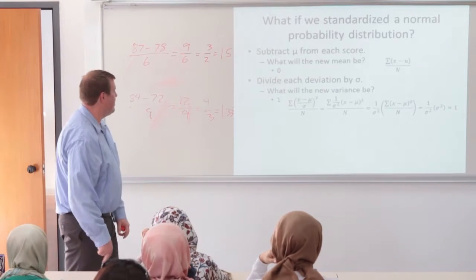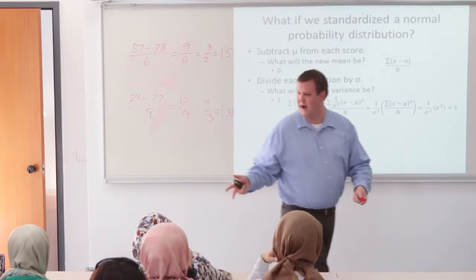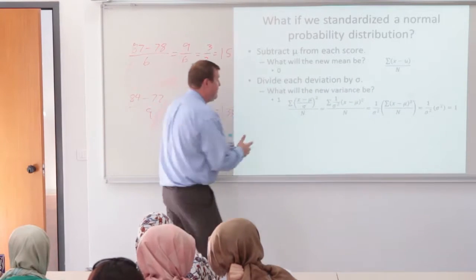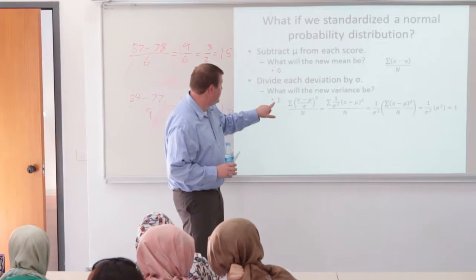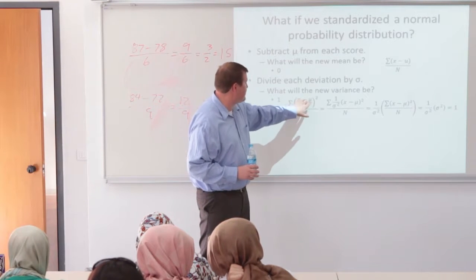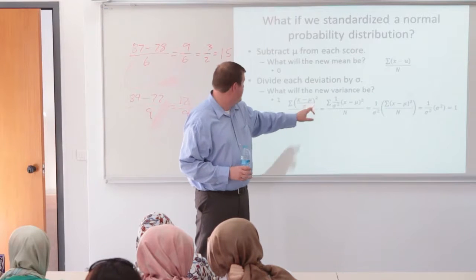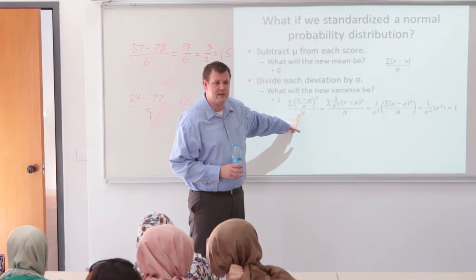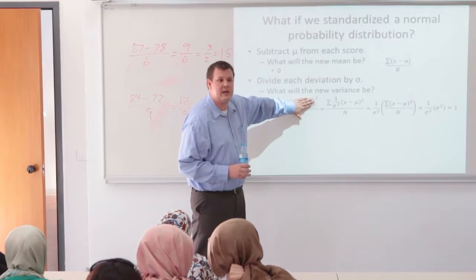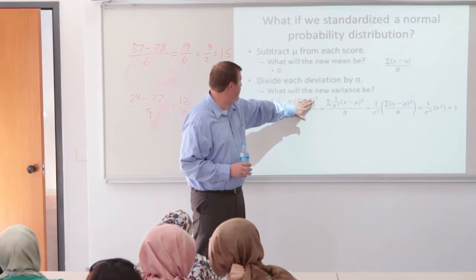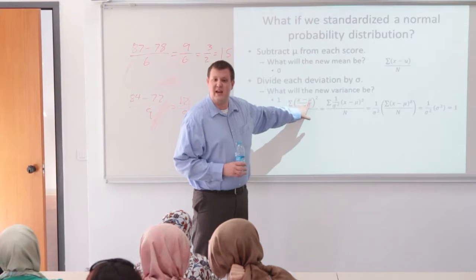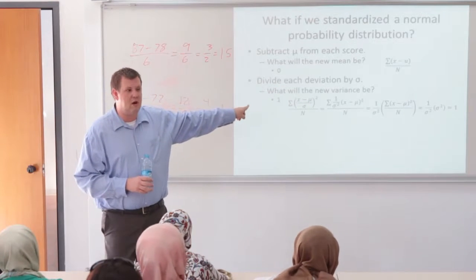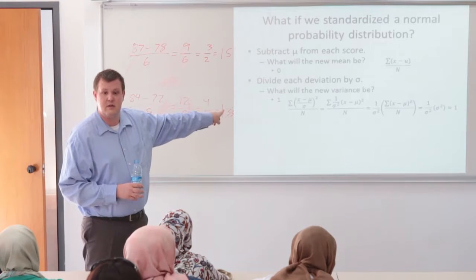Why is it 1? Well, you can do it in your mind. The variance is just the sum of the squared deviation scores divided by n. Now, I've changed things a little bit, because I'm dividing each deviation score by the standard deviation.